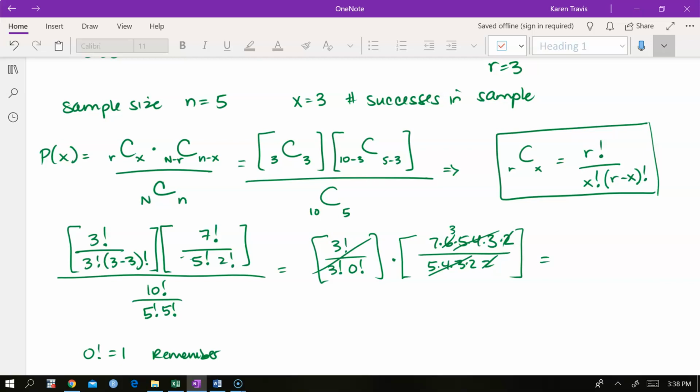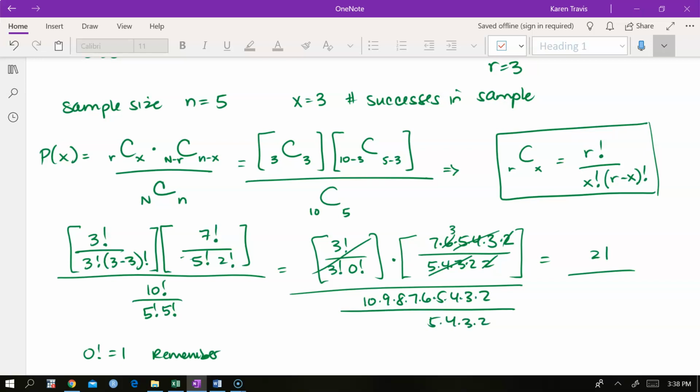So we have 21 on the top, and then the bottom becomes, I'll write these out. All of those cancel. Again, you don't have to get all those to cancel the way I did, but you should end up with 252 on the bottom.